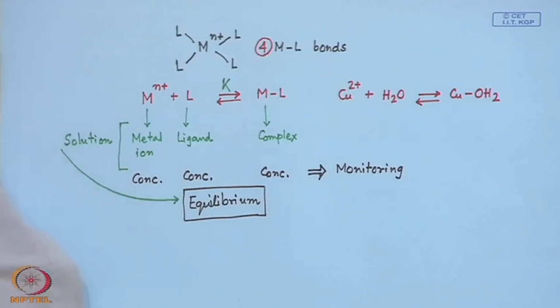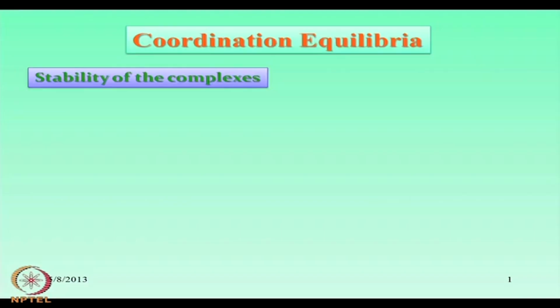So, we will be talking in this particular class about the coordination equilibria. We have more than one such equilibrium process. If we consider that there are 4 ligands and one after another the ligands are coming and binding to the metal center, in that case how can we talk about the stability of the corresponding complexes, how stable the complex is?